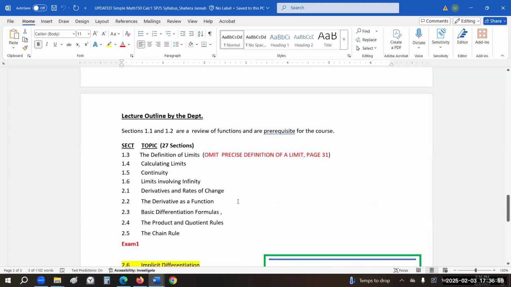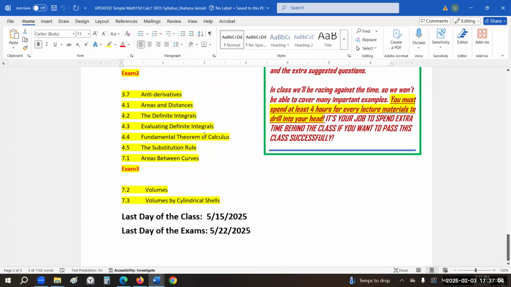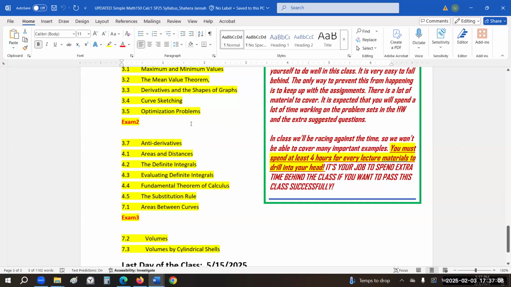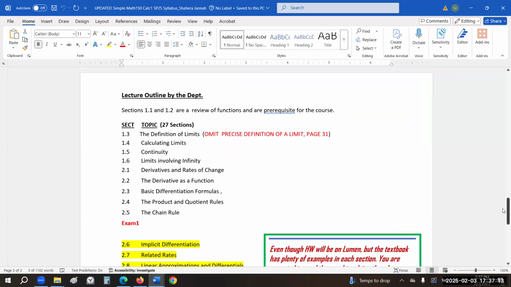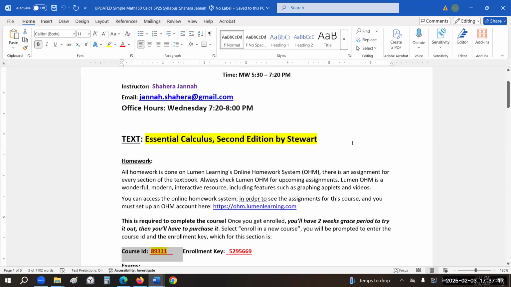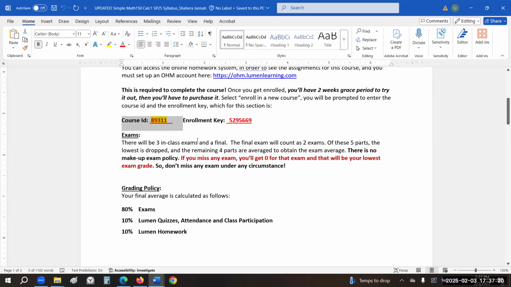The old and new syllabus have the same materials for exam 1, but all the materials for exams 2 and 3 have changed, and I'm going to follow this new syllabus. If you haven't enrolled in the Lumen account yet, please do so ASAP with this ID code and this enrollment key. Again, the enrollment key is the same, but the ID code is different.